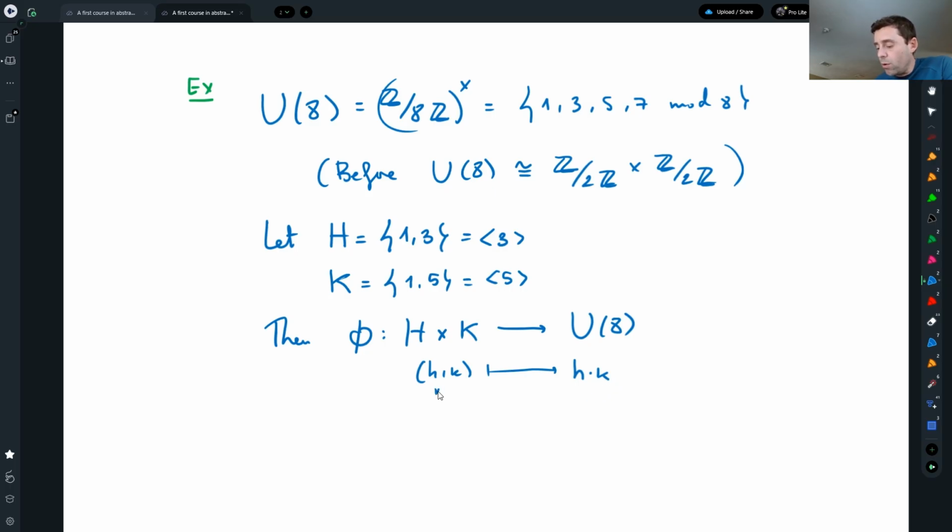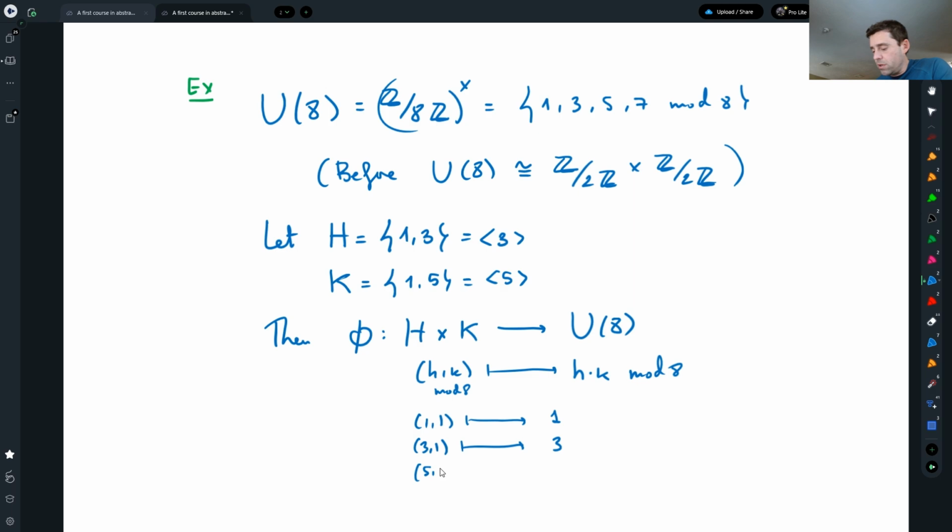So a pair of elements modulo 8 goes to hk, h times k mod 8. So these are both pairs modulo 8, and this is a class modulo 8. And it turns out this is a bijection. Let's see what happens. So (1, 1) will go to 1 times 1, so it's 1. (3, 1) goes to 3.